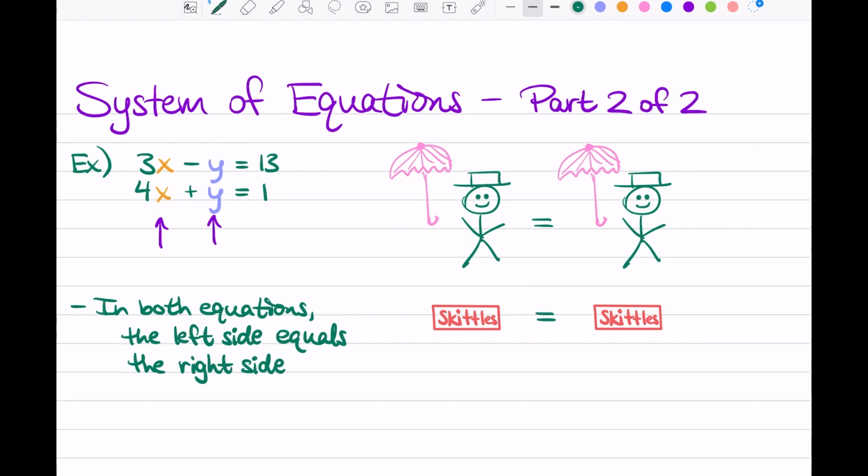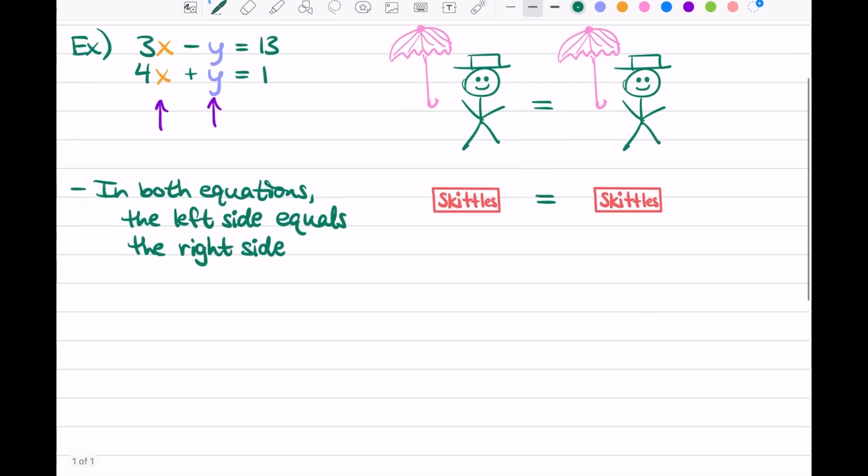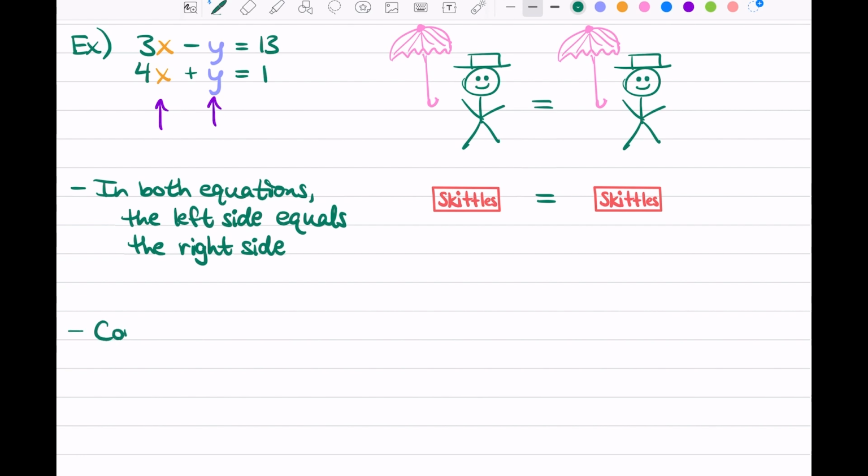What we're going to do now is combine these equations. So we're going to combine our left sides and combine our right sides.